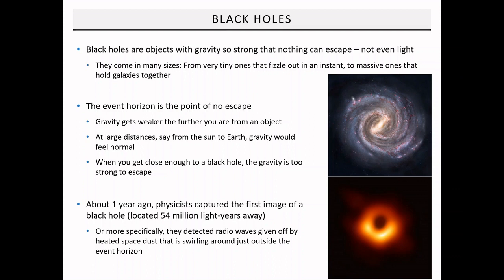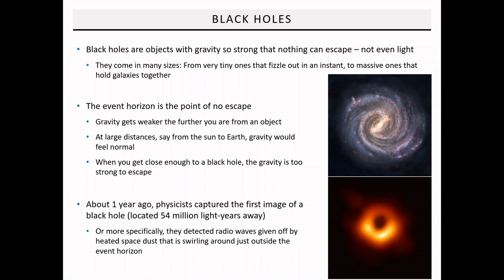Now, you don't just get sucked into a black hole as soon as you get relatively close on a galactic scale. In fact, the gravity of a black hole behaves exactly the same as the gravity of any other massive object in the universe. Just like with Earth and just like with the Sun, the gravity of the black hole gets weaker the further you are from that object.